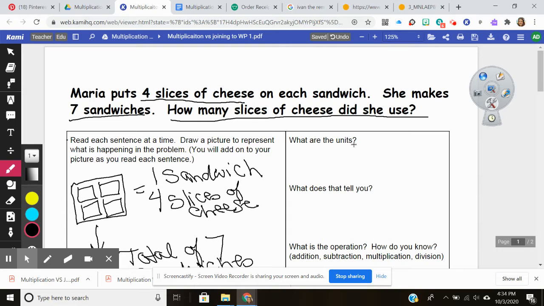All right, so now I'm going to go back up and I'm going to look, what are the units? So I know that my quantity is 4, so then my unit is slices of cheese. So I'm going to put 4 and then slices of cheese. And then my other quantity is 7, and that's sandwiches. So I'm going to put 7 sandwiches.